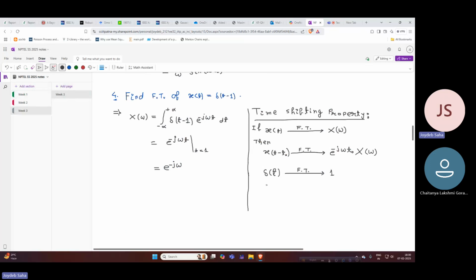So the Fourier transform of delta t minus 1, using the same property, the time shifting property, will be e to the power minus j omega 1, that means minus j omega, multiplied with X omega, that means 1. So this is what we are getting.